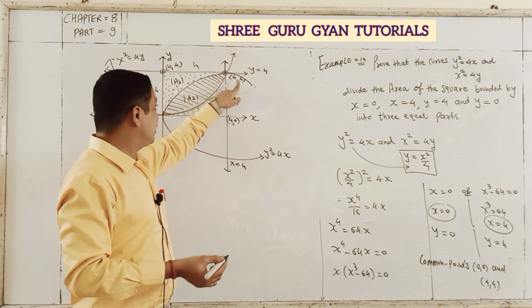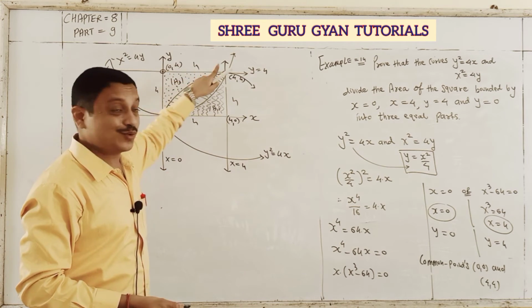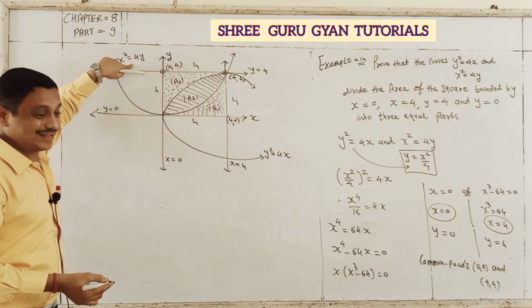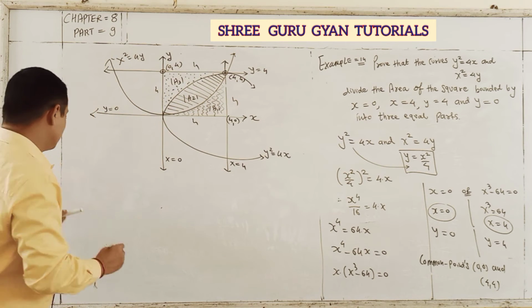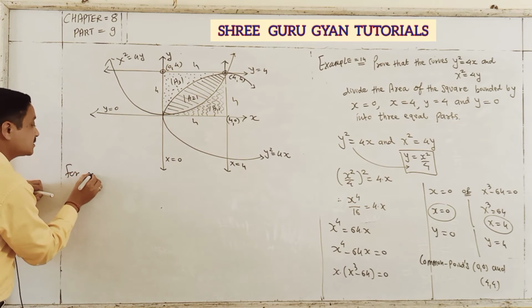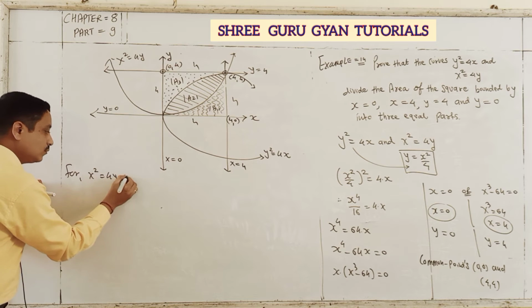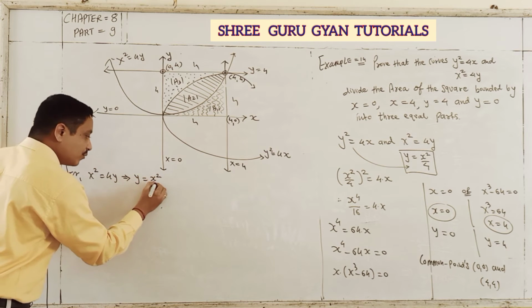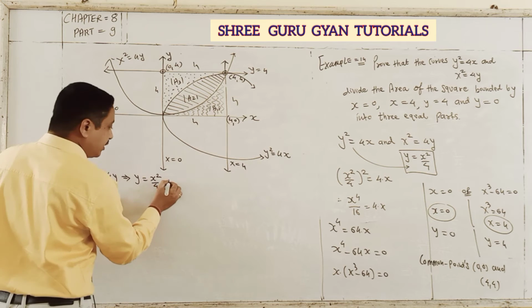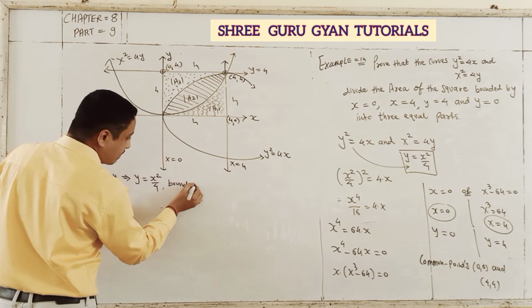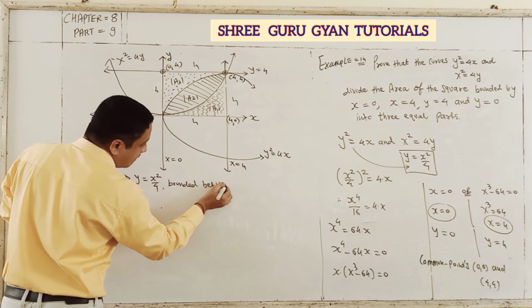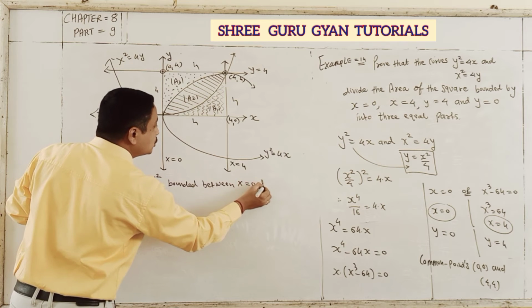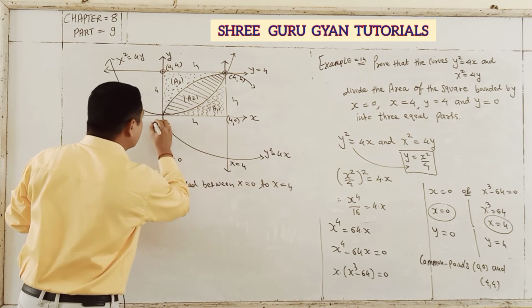First I calculate A1, bounded by the region x square is equal to 4y. For x square is equal to 4y, y becomes x square by 4, bounded between x is equal to 0 and x is equal to 4.